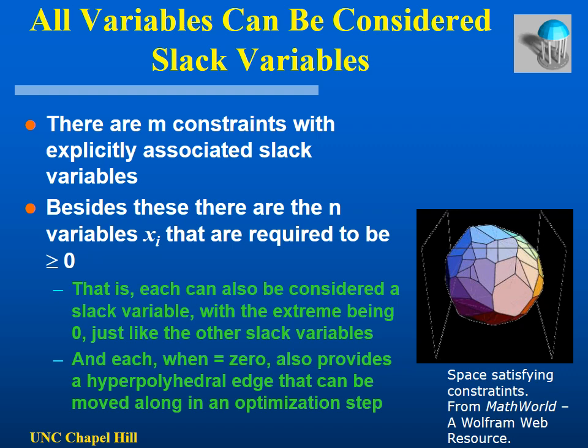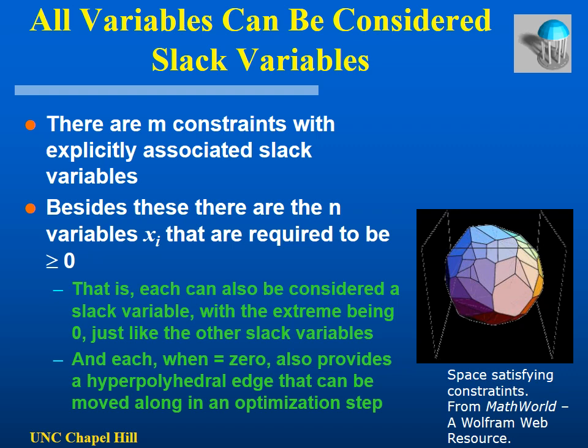Initially, we've had in mind that there were m slack variables and n basic optimization variables. But now we notice that the constraints on the basic variables are that each one of them is necessarily greater than or equal to 0.